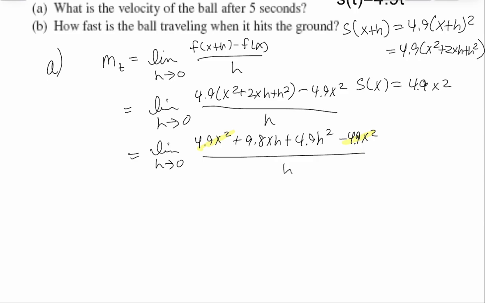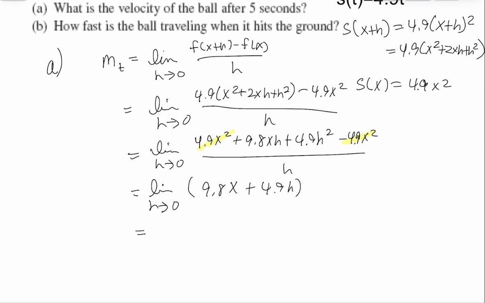So then the only terms left are these. They're divisible by h, so let's divide it. Save ourselves a little bit of room here. When we do that, we get 9.8x plus 4.9h. Now we're taking the limit as h approaches 0, so only the h becomes a 0 at this point.